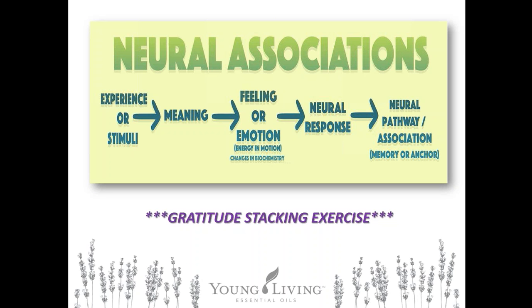A neural association on the negative end would be, say, you're cooking and you put your hand close to the stove. It's really, really hot. You get a meaning right off: I'm going to burn myself. That's going to hurt. You've got the feeling and the emotion. There's your neural response. You pull your hand back. So just as much as that kind of stimulus can create a neural association, so can we do with oils or emotions or feelings.